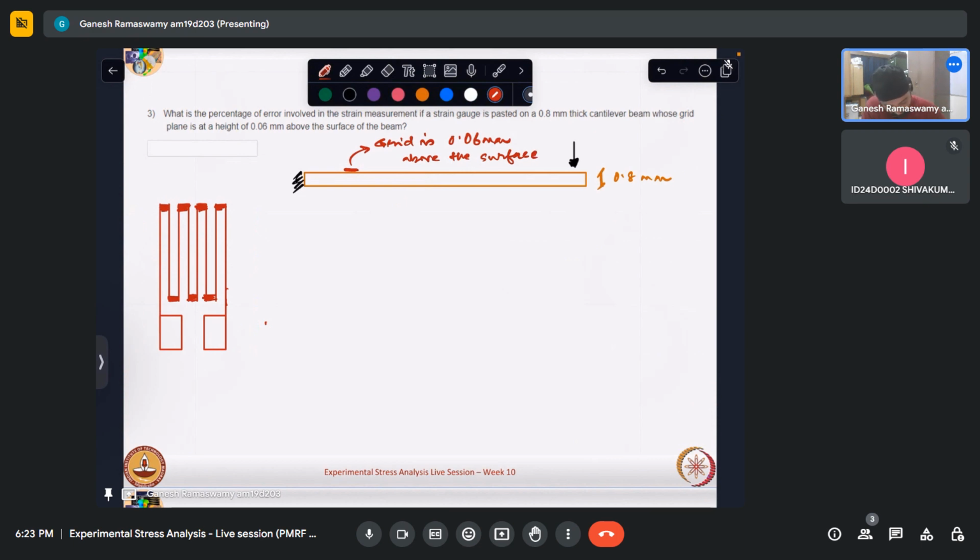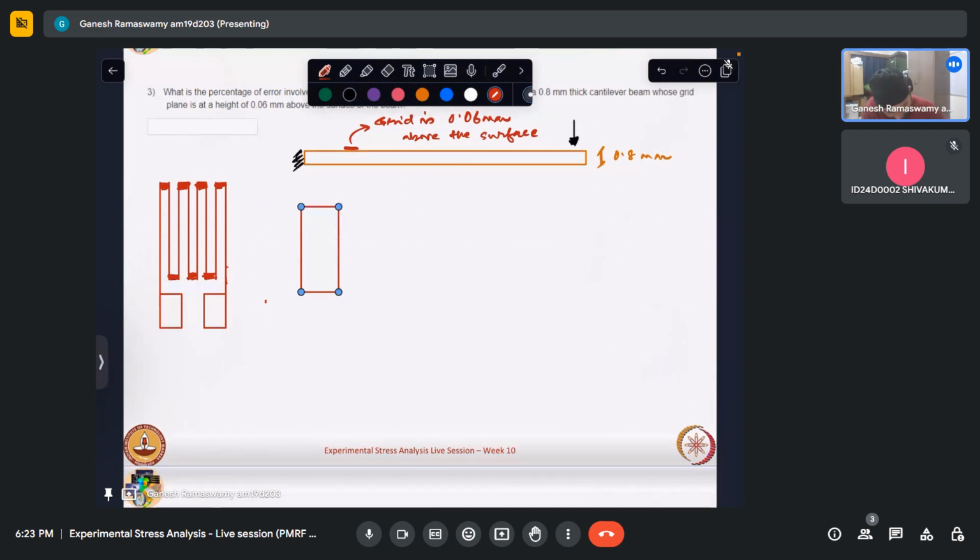Okay. So they say what is the error involved? So let us say that this grid did not have any thickness and we are making a strain measurement on the surface of the beam. So for the sake of simplicity, let us assume that the cross section is like that. Over here, the cross section over here is like that.